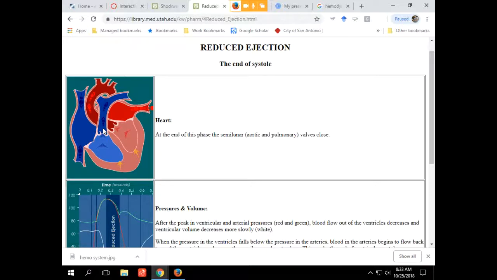Pulmonary something. The pressure that's being exerted here in the pulmonary circuit. What is it?